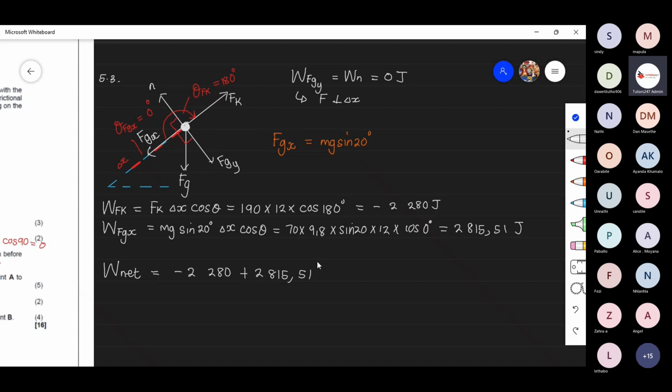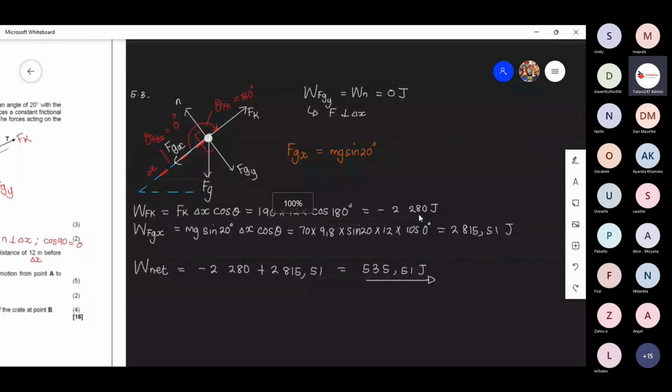All we are doing to calculate net work is adding up the individual works. So put that onto your calculator and you should end up with a net work of 535.51 joules. Now that is our net work.